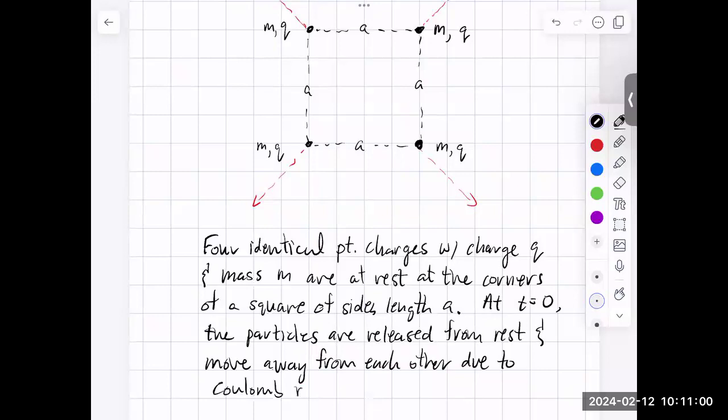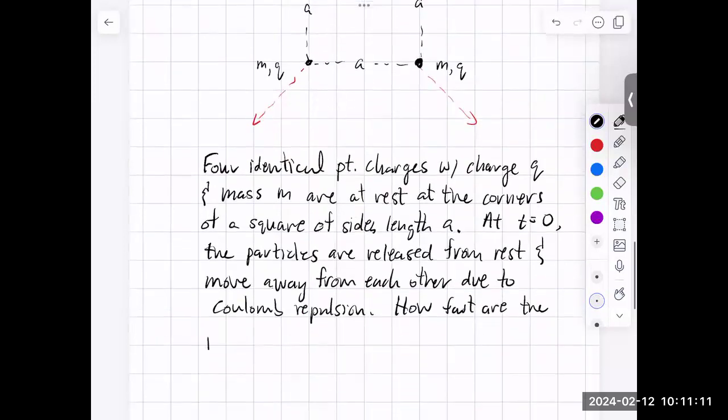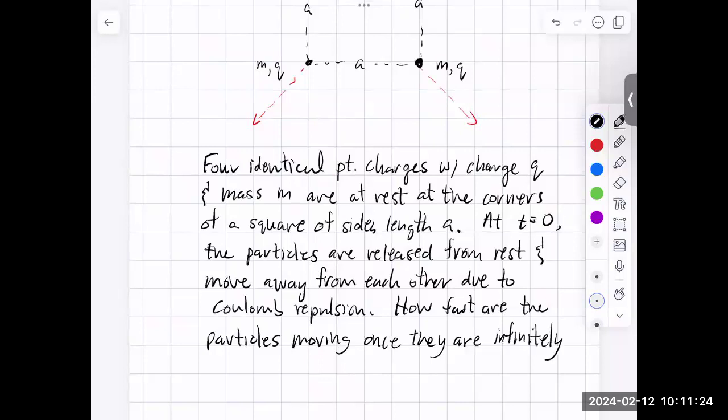So the question finally is, how fast are the particles moving once they are infinitely far away from one another?